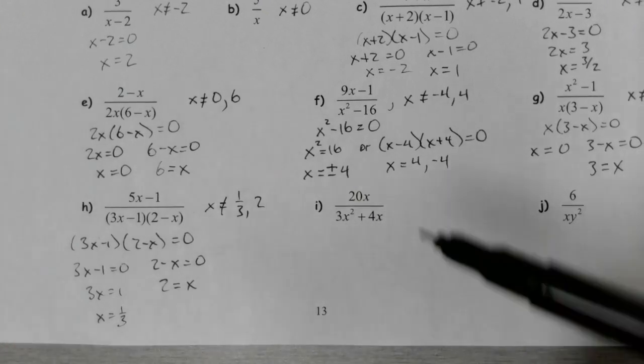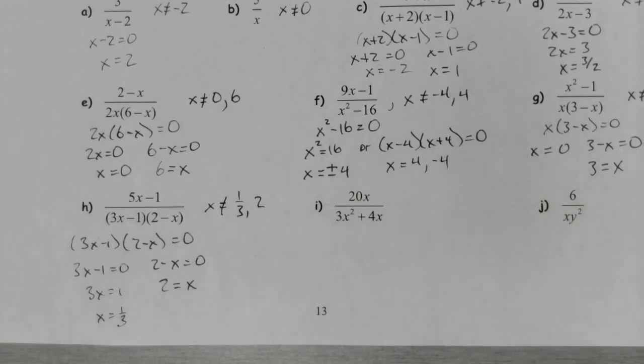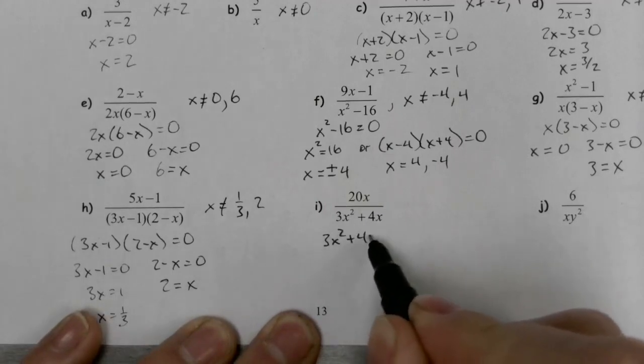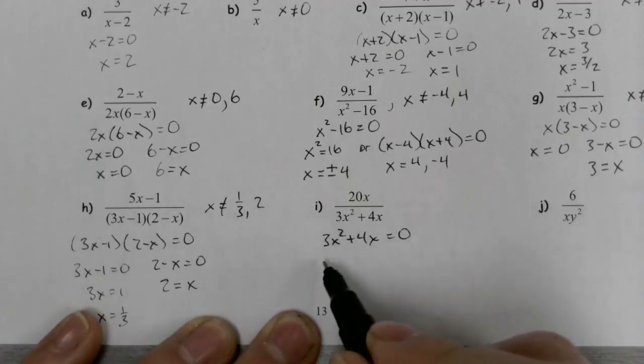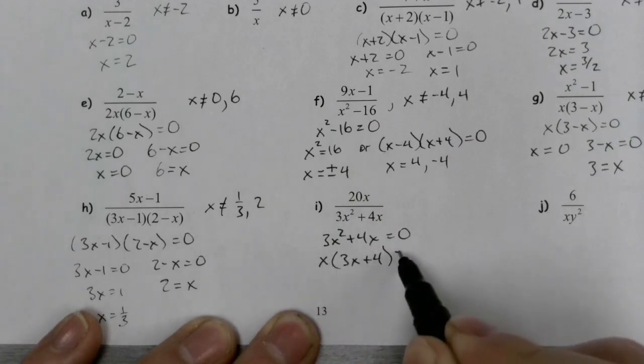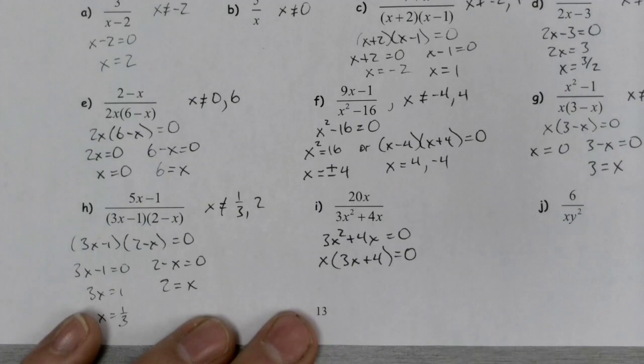Here, just like the one right above it, I've got to do a little bit of factoring to make that work. So 3x squared plus 4x. I'm going to see what happens to make that equal to 0. In this case, there's really not a lot of factoring to happen. Just a common factor of x that I'm going to pull out.